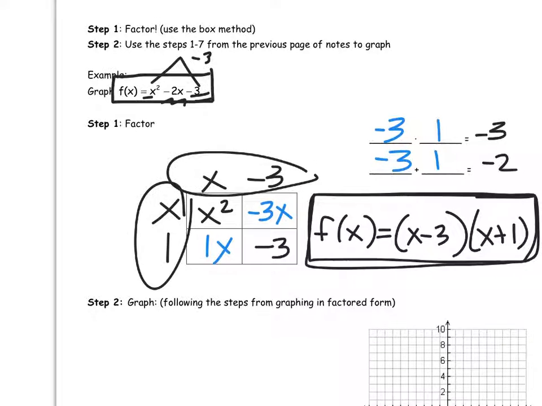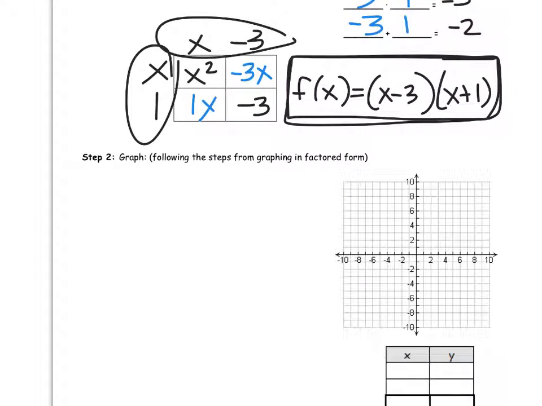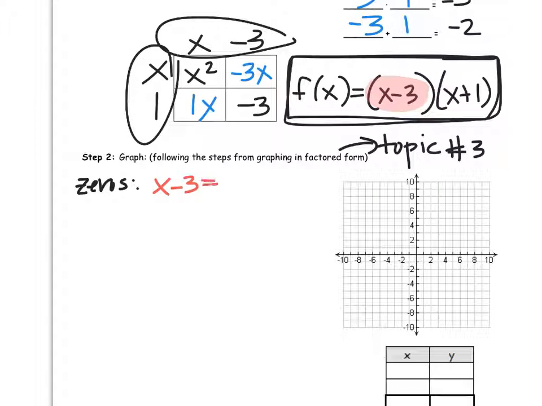All right, so to graph from factored form, it says follow the steps from graphing in factored form, which is topic number 3. Okay, so topic number 3, step 1, I'm going to just write really briefly here. I'm going to find the zeros, and I'm going to do that by taking my 1 factor, x minus 3, setting it equal to 0, add 3 to both sides, and I get x equals 3.